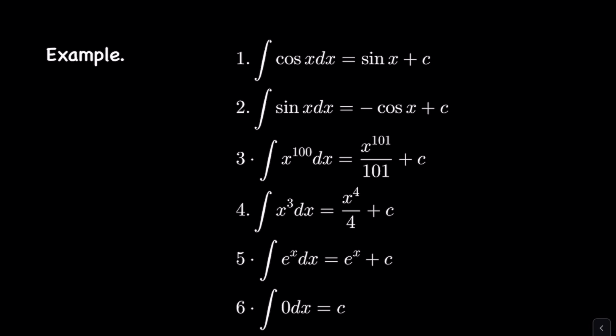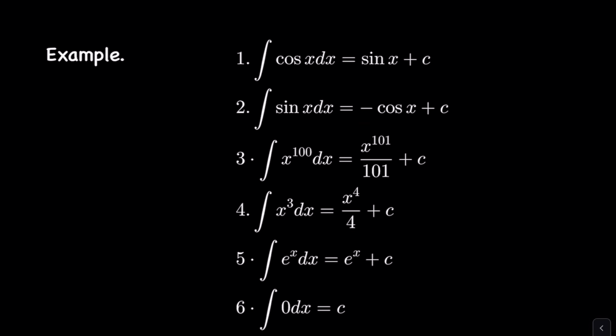But if you differentiate cosine, the derivative of cosine is not sine, it's minus sine. So I have to put the minus sign here so that if I differentiate, the minus signs will cancel and I will get sine. So an antiderivative for sine x is minus cosine x, and I can add any constant. So the indefinite integral of sine x dx is minus cosine x plus any constant.